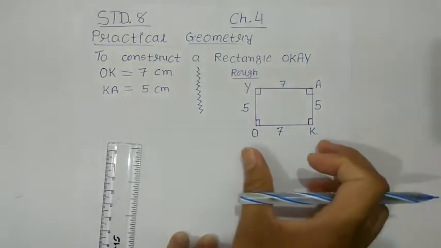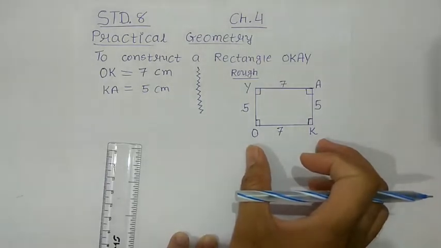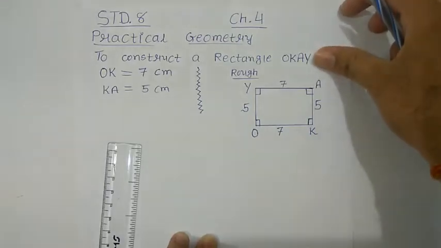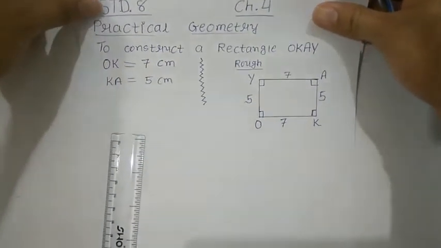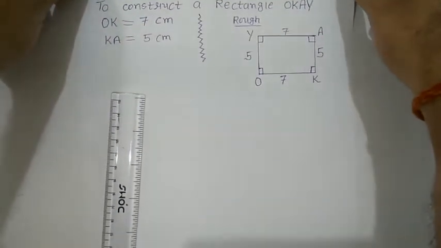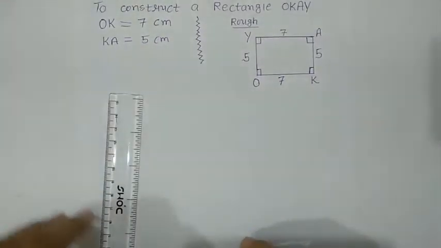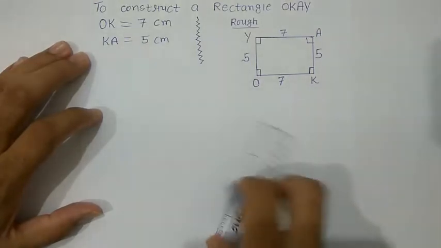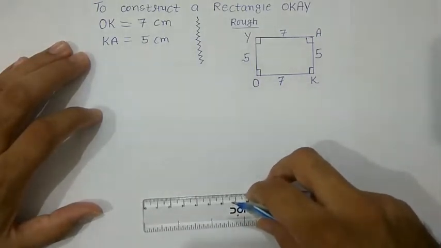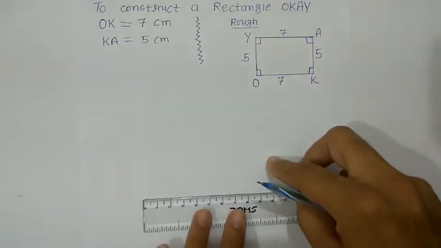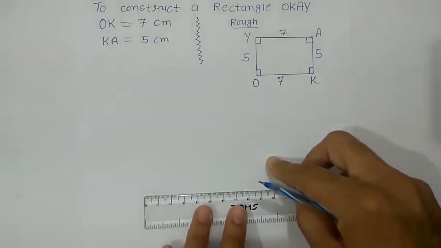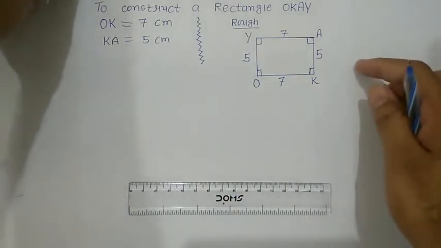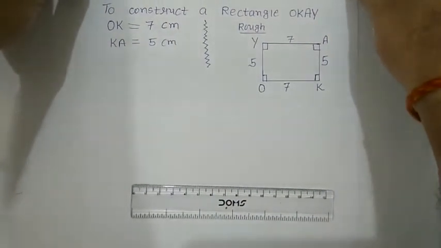Let us start from the base, and that is of 7 centimeter. So first of all we will draw the base that is of 7 centimeter. So here is the scale. We have to take a distance of 7 centimeter on the scale.